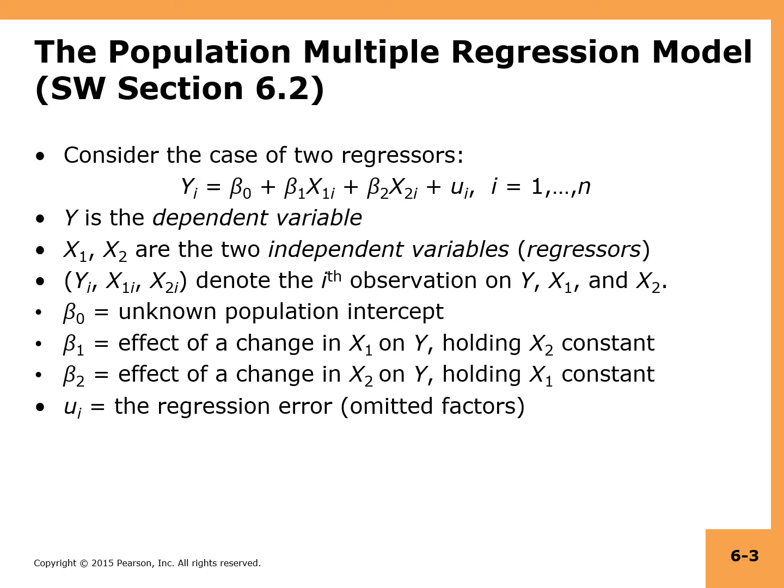ui is the regression error, or in other words, omitted factors. In the previous lecture, we talked about omitted variable bias, which is a special case. So ui contains all the factors that can affect yi that are not included as independent variables. I'm a little careful to say the effect.